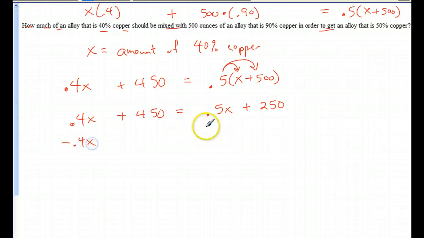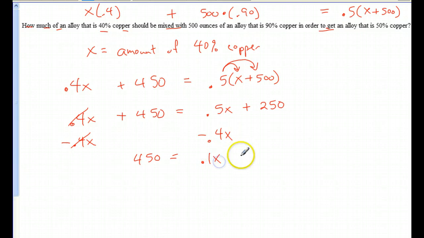Then group your x's together. Gone on that side, I'm just left with 450. 0.5 minus 0.4 is 0.1x plus 250. Subtract 250 from both sides. Equals 0.1x, and over here, 450 minus 250 is 200.